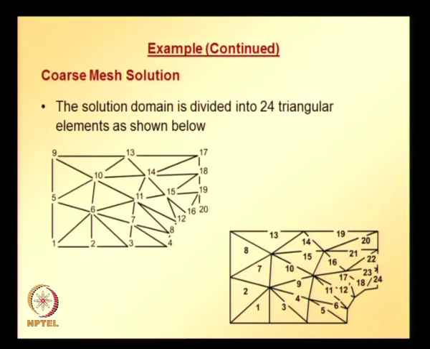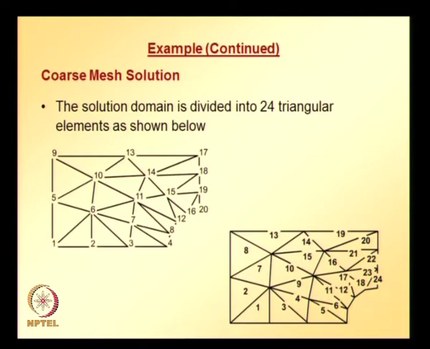Using this discretization we can solve this problem by imposing essential boundary conditions at nodes 9, 13, 17, 1, 2, 3, 4, 8, 12, 16 and 20. By imposing essential boundary conditions over these nodes, we can solve for the stream function value at other nodes.